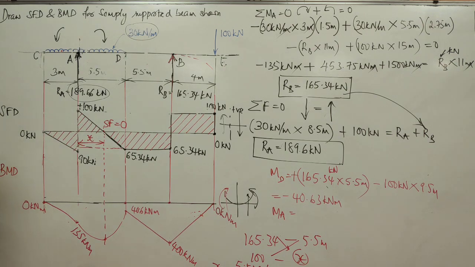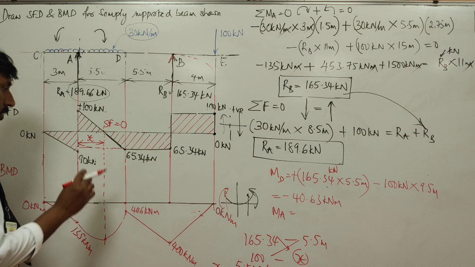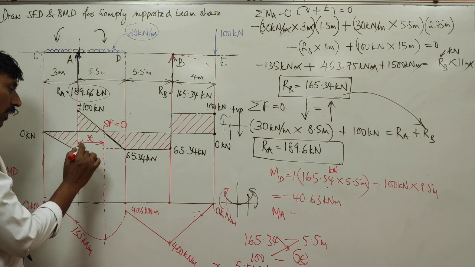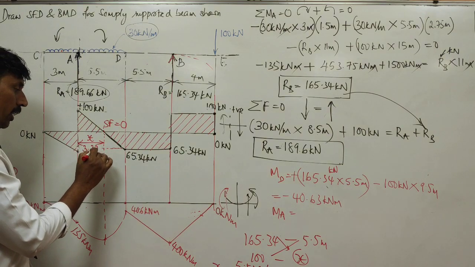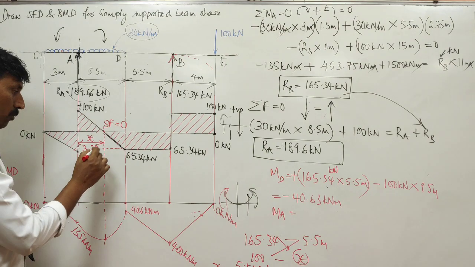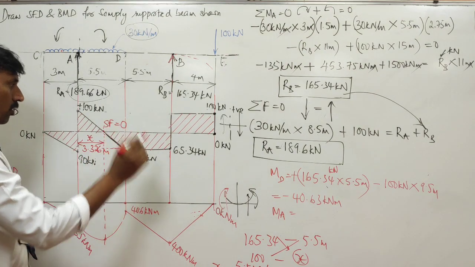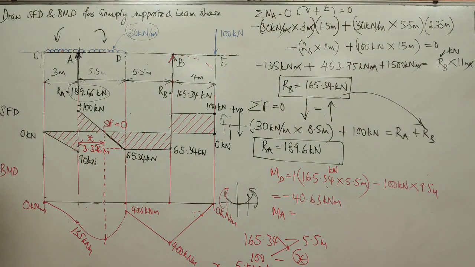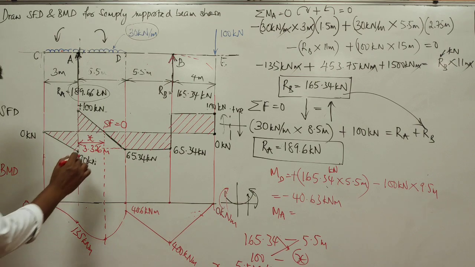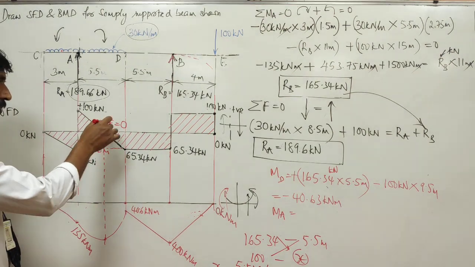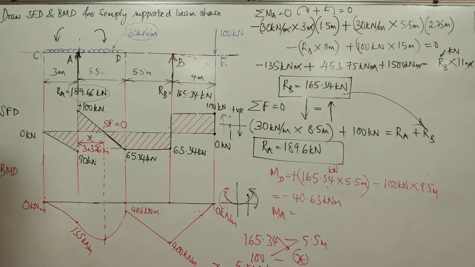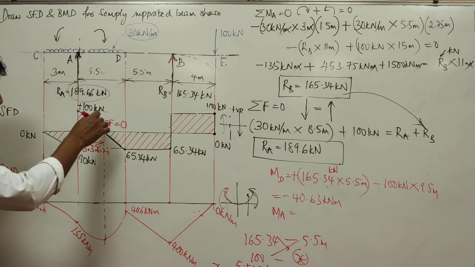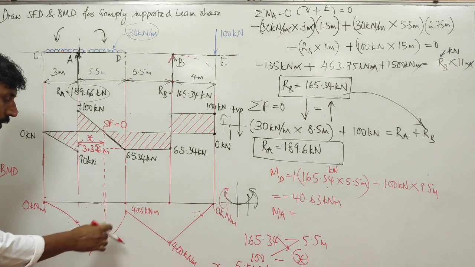Can you tell me what is this value? 3.326. So you get this value of x as 3.326 to be precise meters. So shear force becomes 0 at a distance of 3.326 meters, and at this location the bending moment will peak and again decrease.